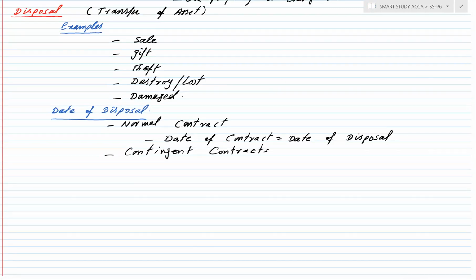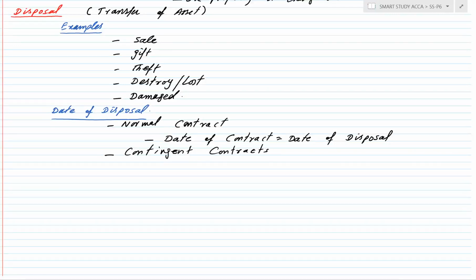For example, let's say I'm saying that I'm going to sell a building, but only if the profit of my business is more than 2 million for the current year. So there is a condition that this contract will become legally binding if the profit for the current year is more than 2 million. Only then I'm going to sell this building.